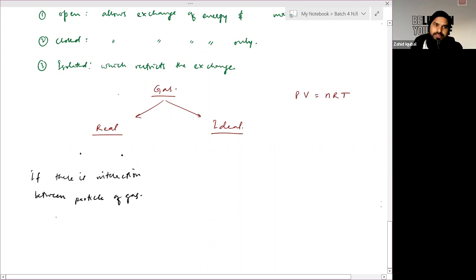Due to this interaction, it will have some potential energy, and due to its temperature, it will have some kinetic energy. So on adding these two energies for the gas, it is termed internal energy. So internal energy is the sum of kinetic energy and potential energy.